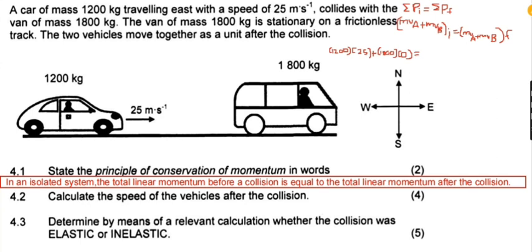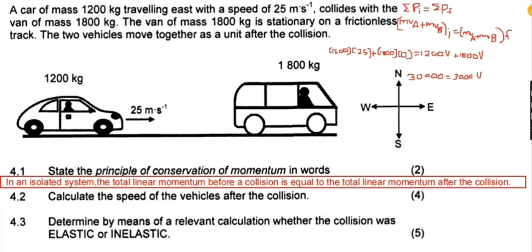Now after the collision, we know that both of these objects stuck together, and so their velocity will be the same. So we can just leave that v as an unknown for this part of the question because that's what we're going to be figuring out. Now if you solve for that, you should get an answer of 30,000 on the left hand side and 3,000 V on the right hand side.